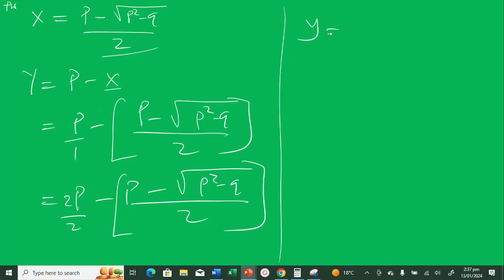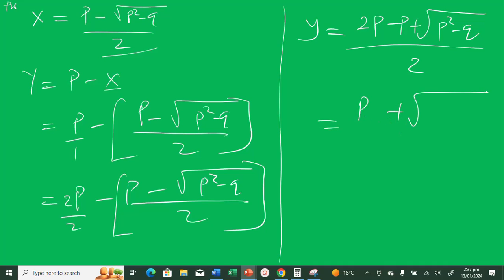Now that means your y will be 2p, since the denominators are the same, you add minus p, minus times minus will give you plus the square root of p square minus q. So 2p minus p will give you p plus the square root of p square minus q all over 2.